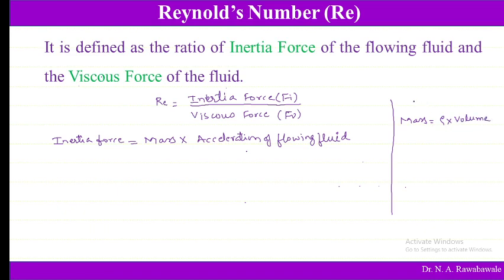How do we define density? Density is equal to mass per unit volume, mass divided by volume. Therefore mass is equal to density into volume. And acceleration is written as rate of change of velocity, that is velocity divided by time, velocity per unit time.